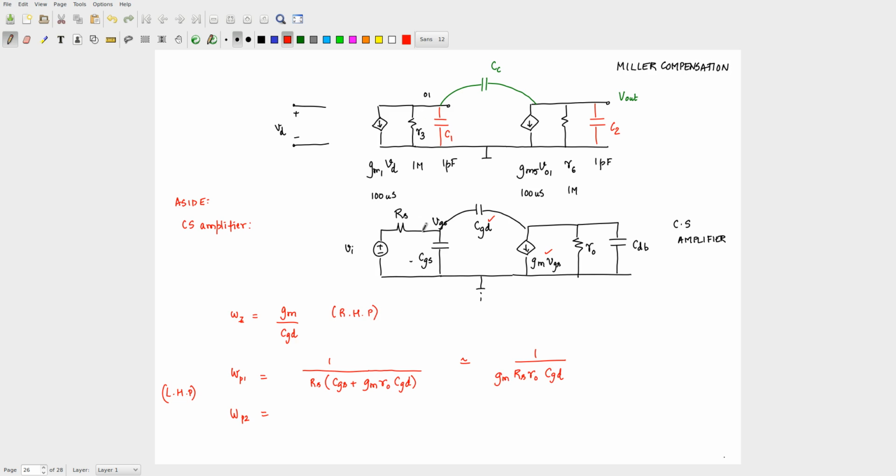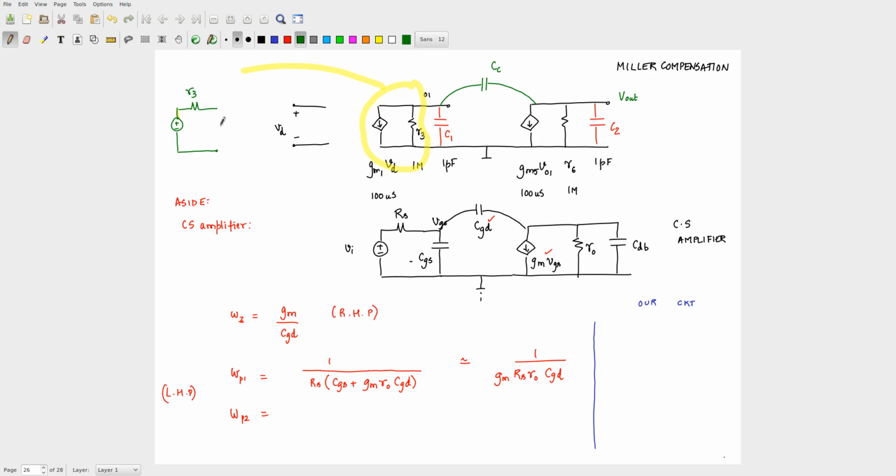Now, if you compare these two things, where do you expect your solution to appear for the circuit that we have? How do we compare first? You can make a Norton equivalent of that guy. What will the Norton equivalent look like? Plus minus, and then you will have the same R3 here.